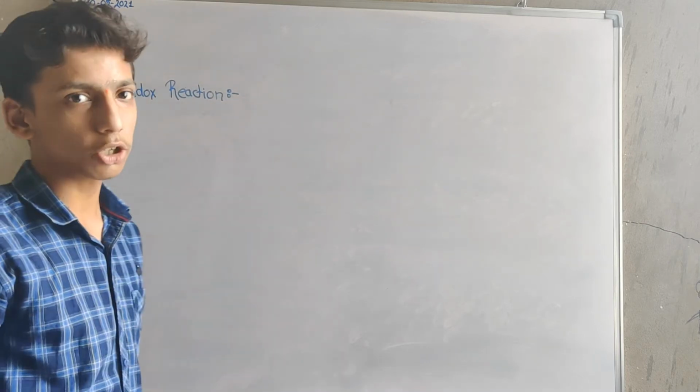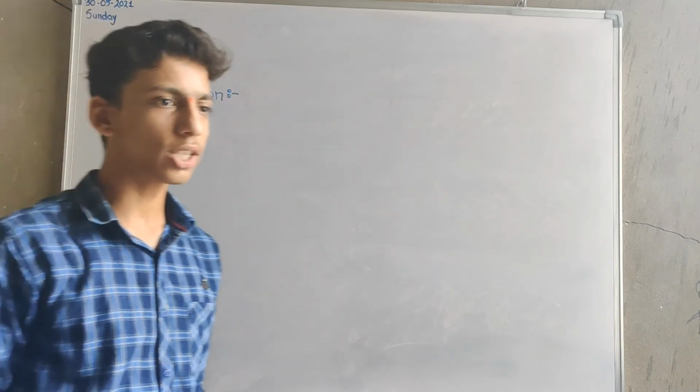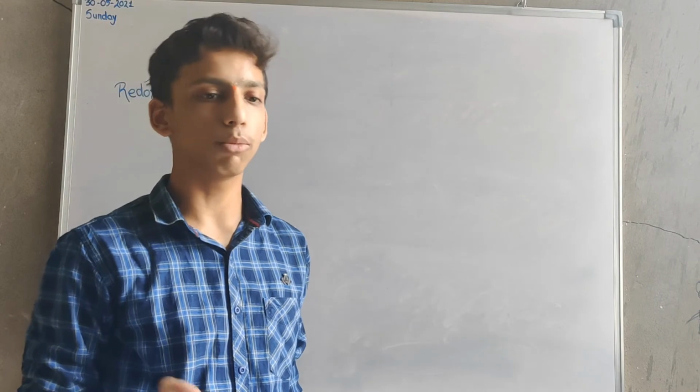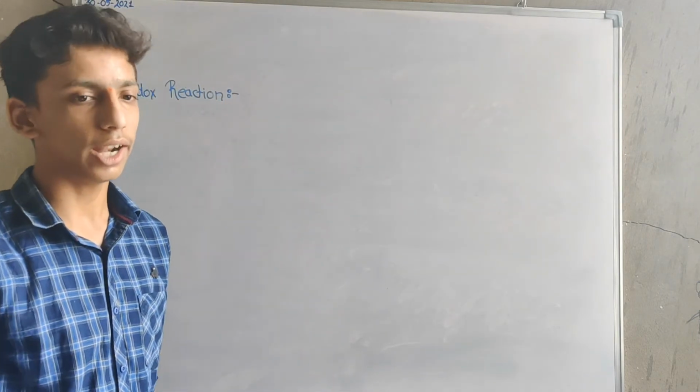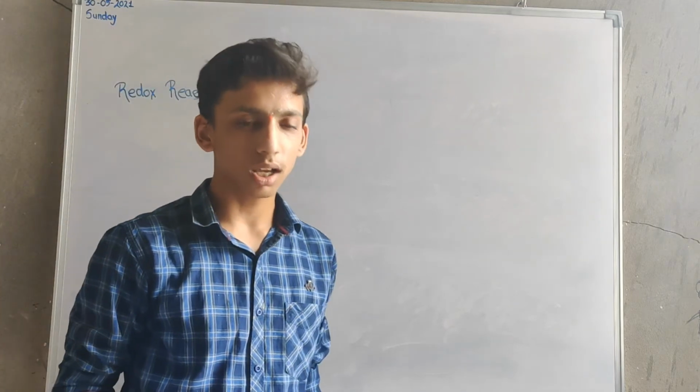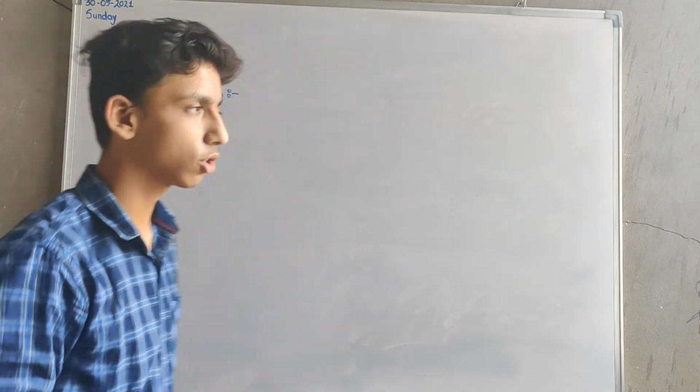So, what is a redox reaction? The redox reaction, it is given in its name only. A redox reaction is when an oxidation reaction and a reduction reaction take place simultaneously. It is called a redox reaction.